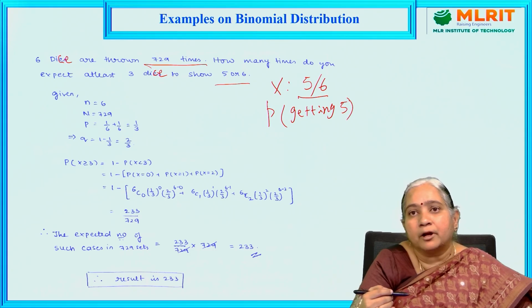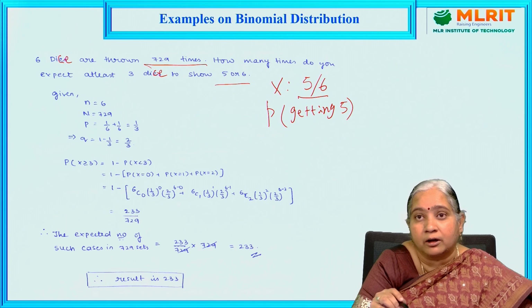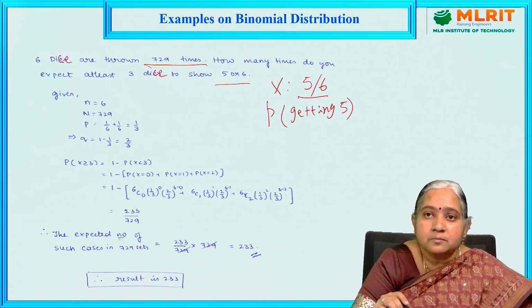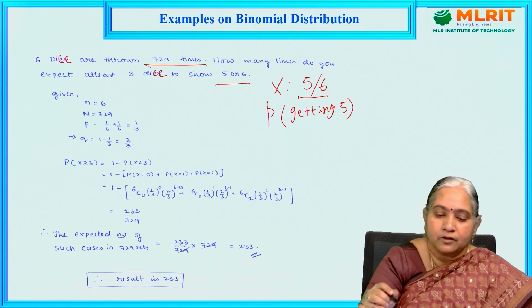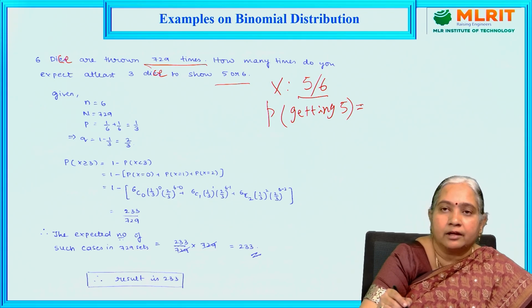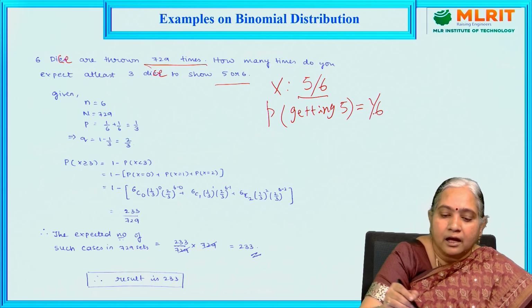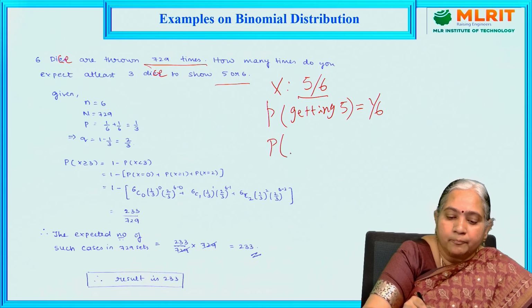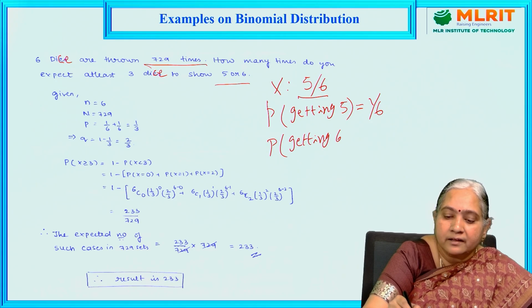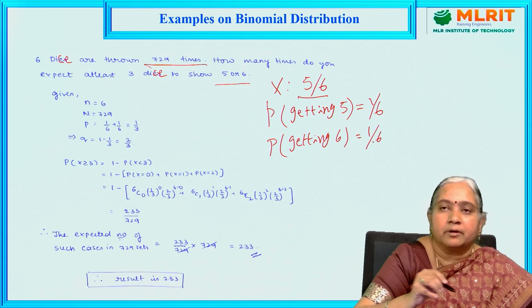However many times this experiment is performed, we find the probability of success for a single trial only. That means this probability of success never changes from trial to trial. So that's why probability of getting 5 is 1 by 6, and probability of getting 6 is also 1 by 6.